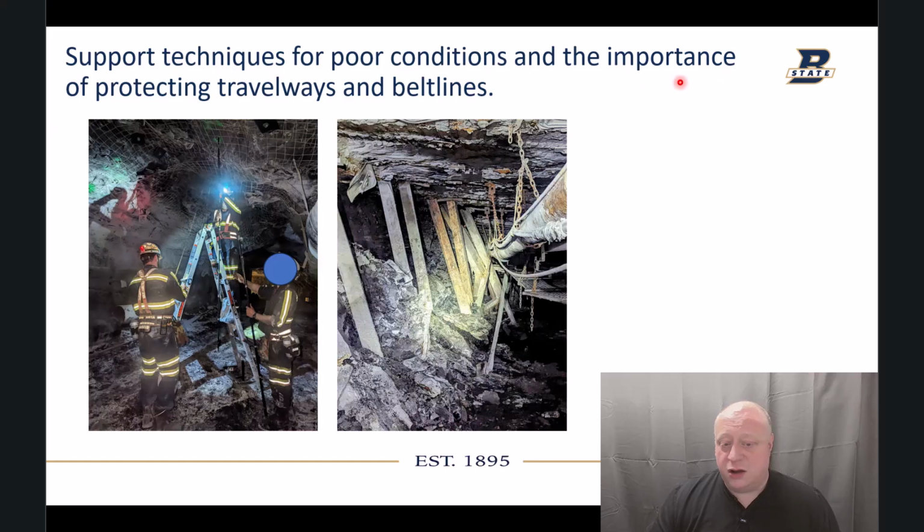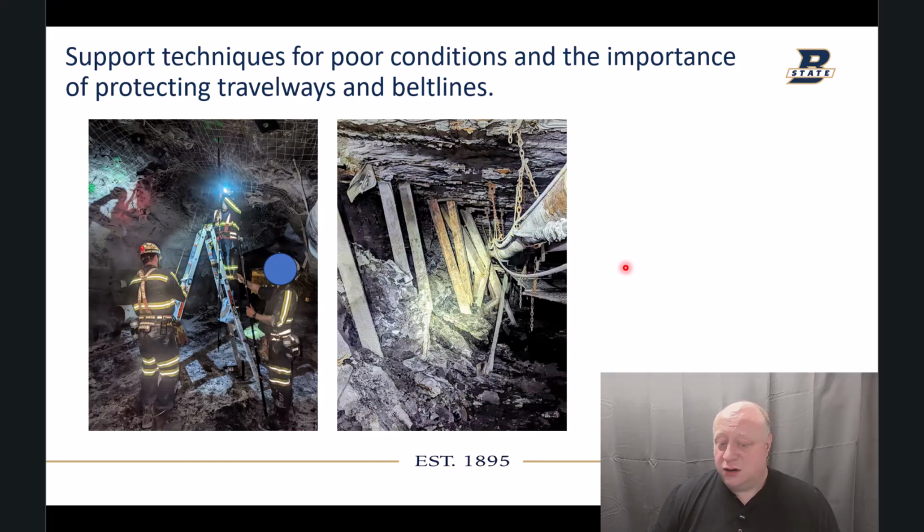We'll also talk about the importance of protecting travelways and belt lines, primarily because that's where people are working most of the time. So protect those first. And then you need to think about long-term support in those entries that end up being areas where people are traveling and the belt.